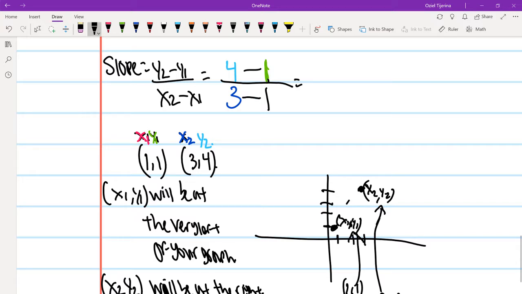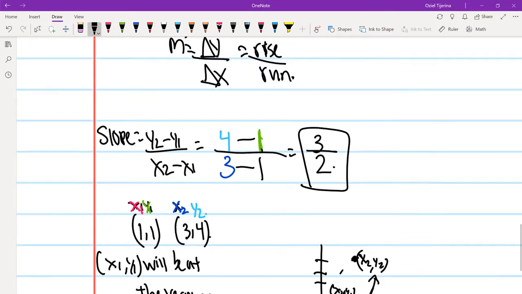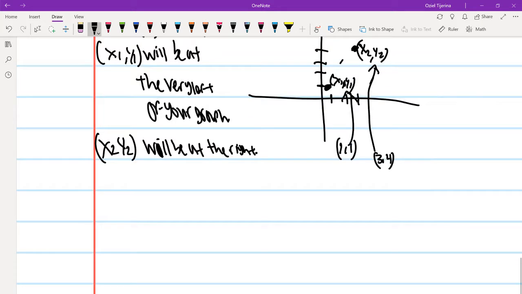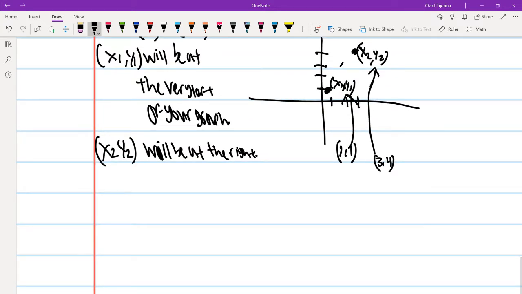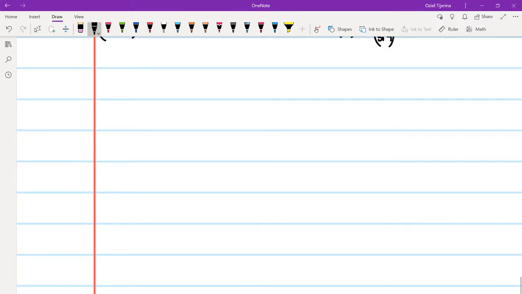So then you would say that the slope would be 3 over 2. And that's how you find slope with just being given 2 points.